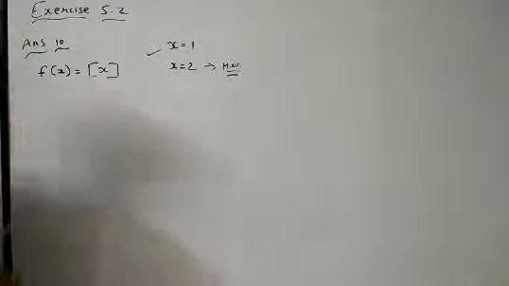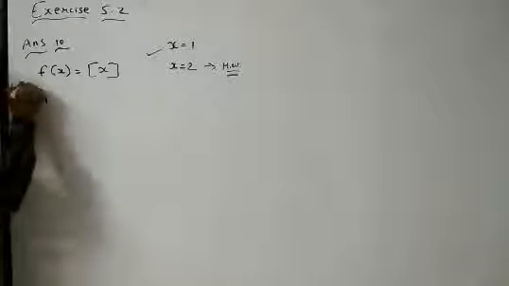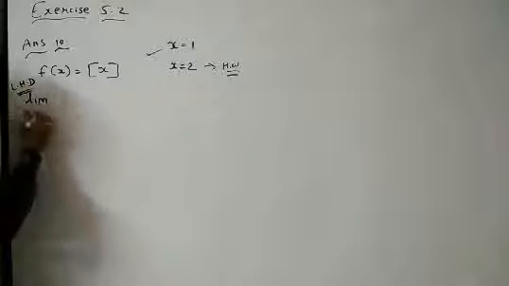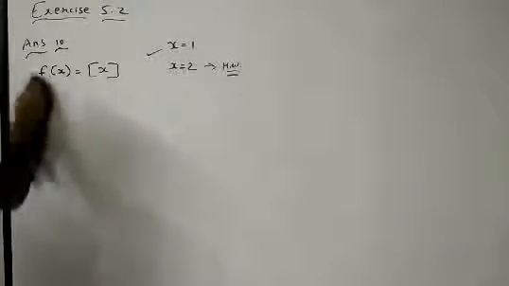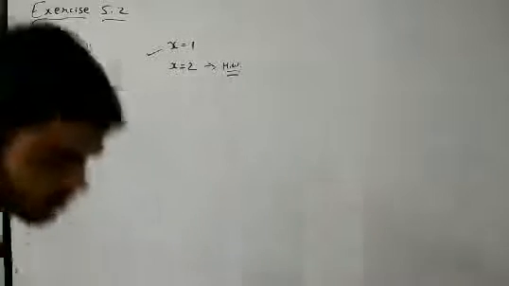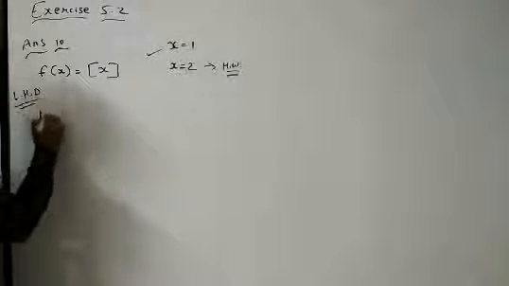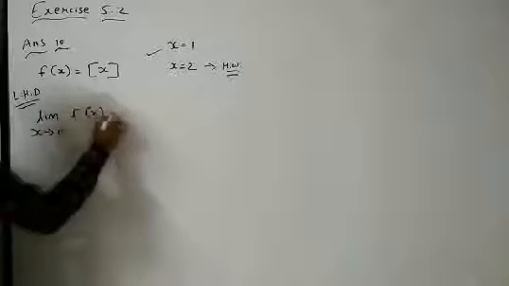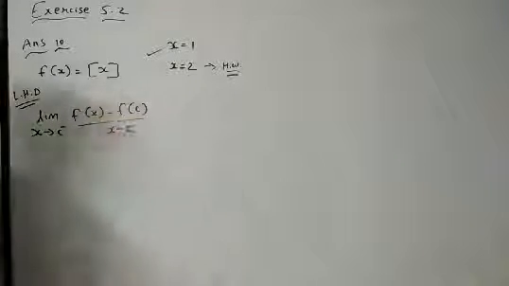So what we are doing now is taking this given function at x equal to 1. For the left hand derivative, we will be finding the limit as x tends to c negative of f of x minus f of c divided by x minus c.